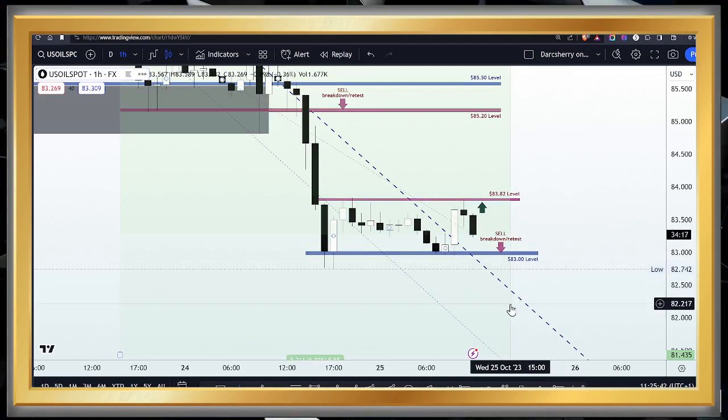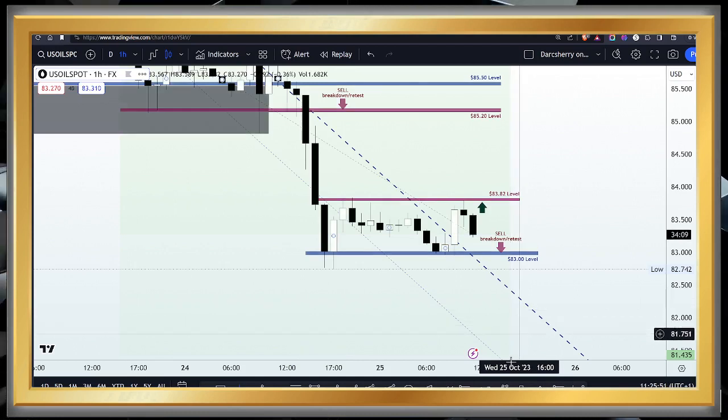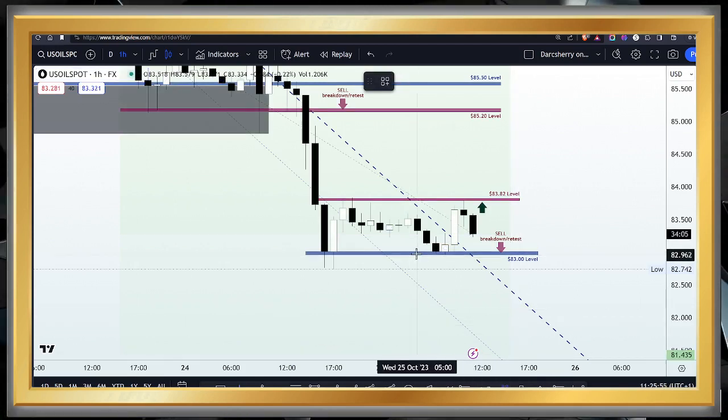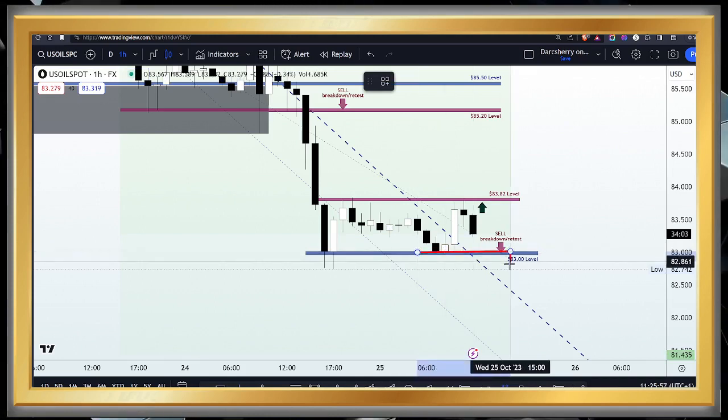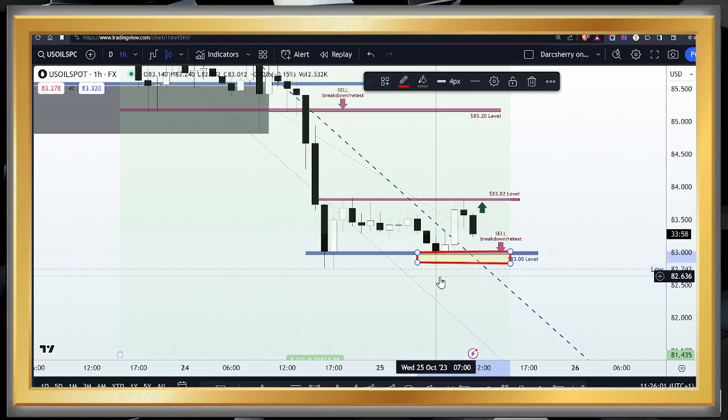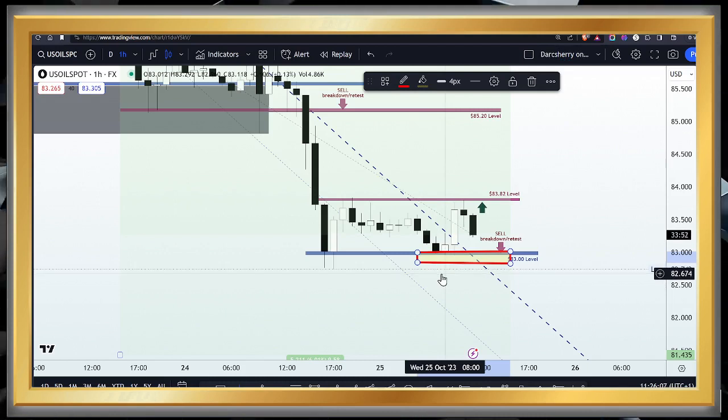In that regard, you can afford to risk some of the profits you have made so far this week to test waters below the $83 level, and placing a sell stop order below the $83 level will make quite a lot of sense to join a bearish momentum. And if it doesn't work, we know that we're just risking some of the profit we made.